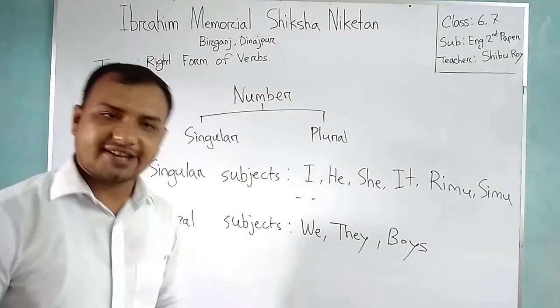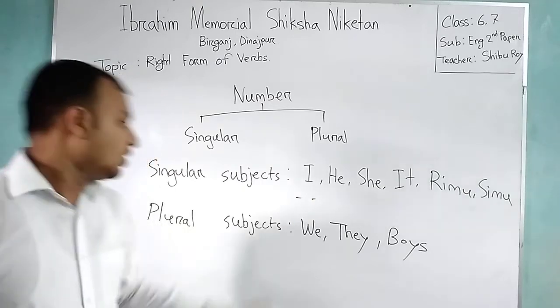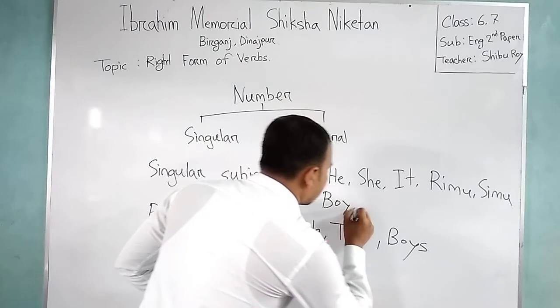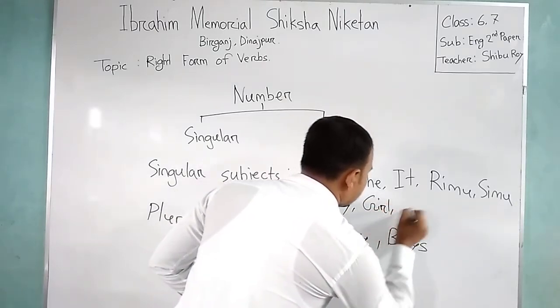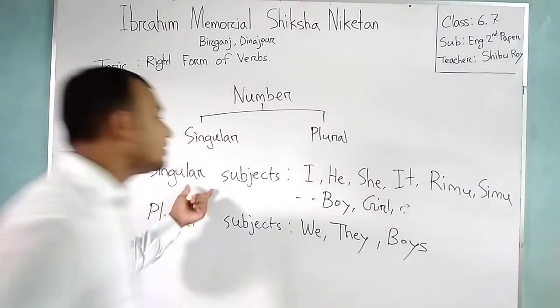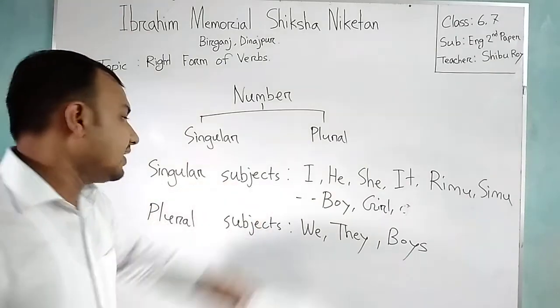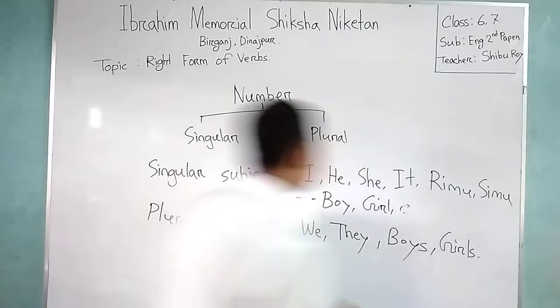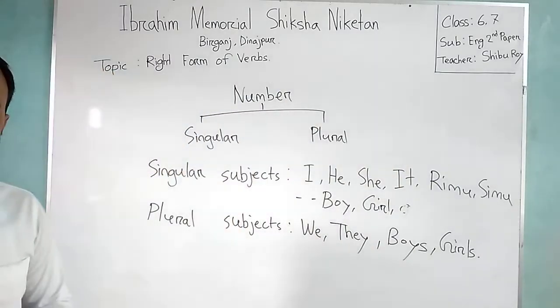There are many boys. You understand it? So if I write boy, girl, those are singular subjects. But if I add s as girls, girls is a plural subject.